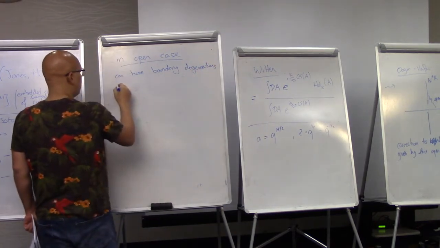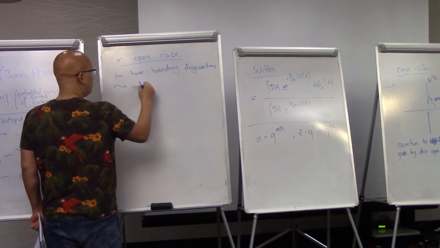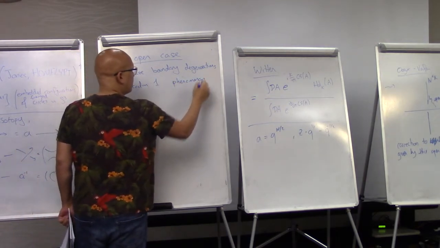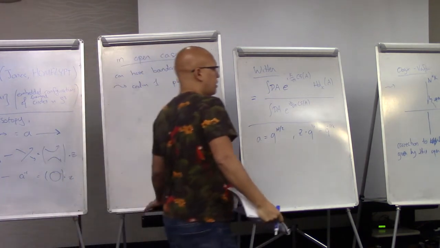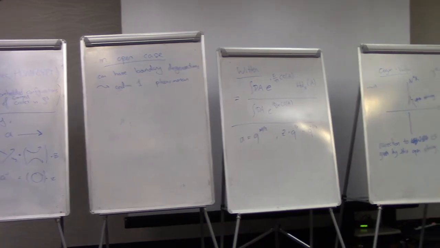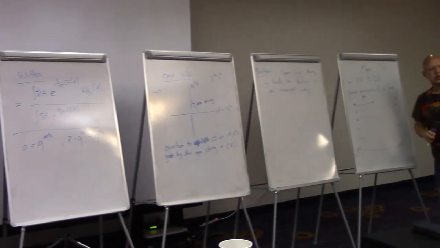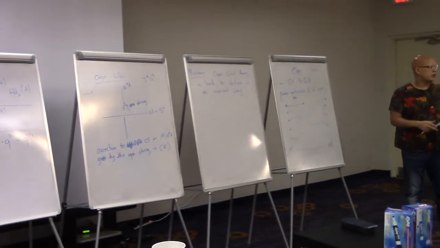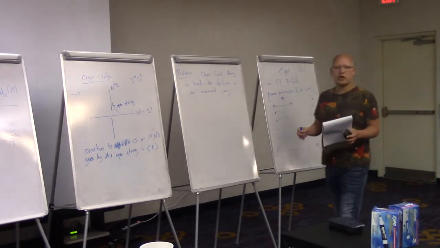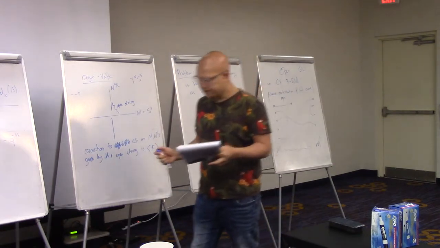This is the codimension 1 phenomenon. So in the open case, now your moduli spaces themselves have boundary. And if you were to just count, you would no longer get an invariant number, and then you're out of luck.